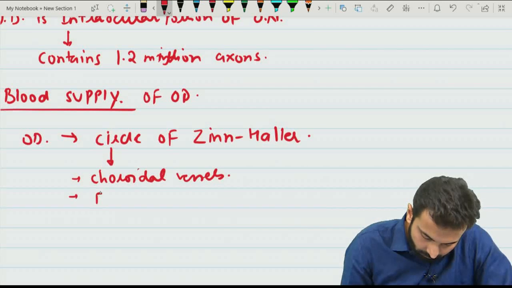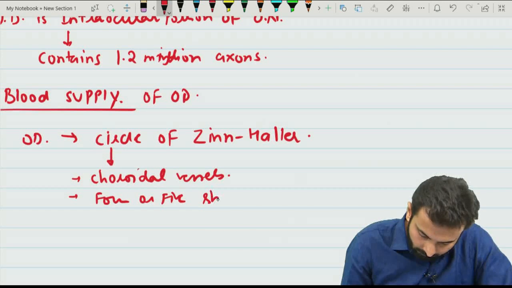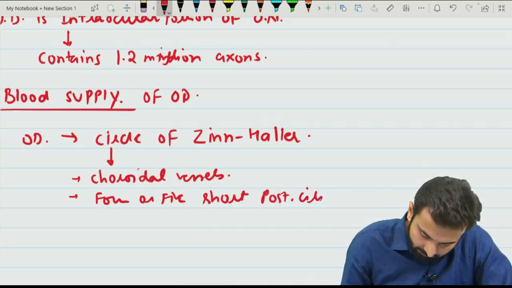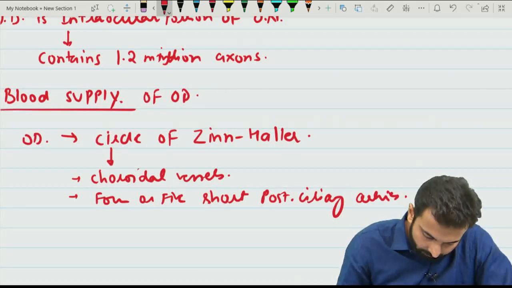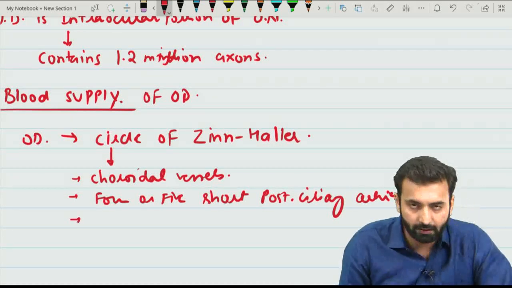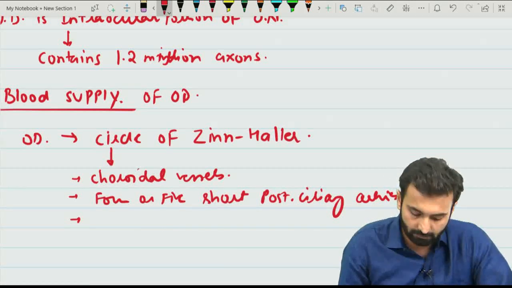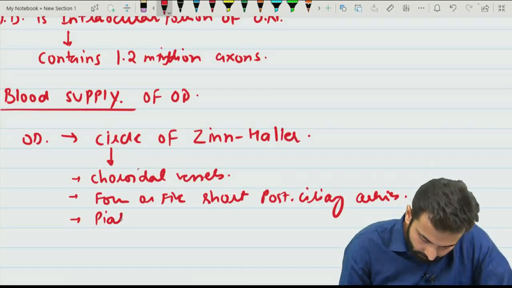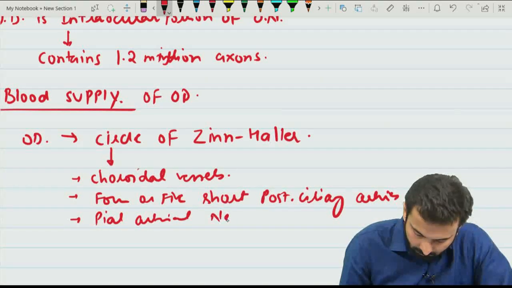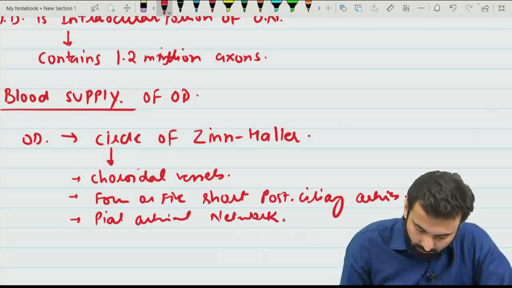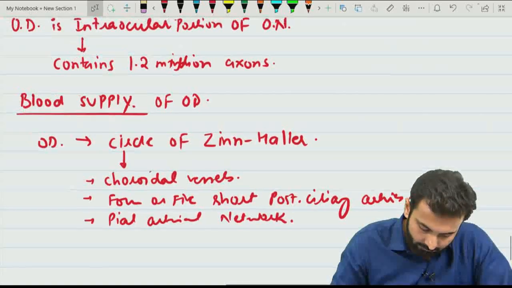And four or five short posterior ciliary arteries, right? And some part is supplied by the pial plexus, the pial arterial network. So this is about the blood supply of optic disc.